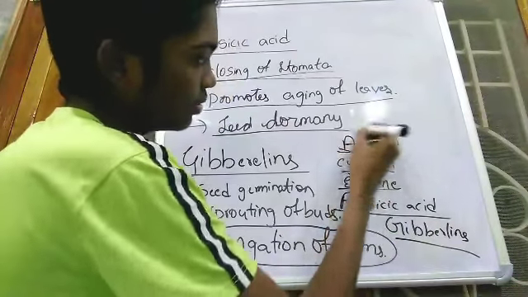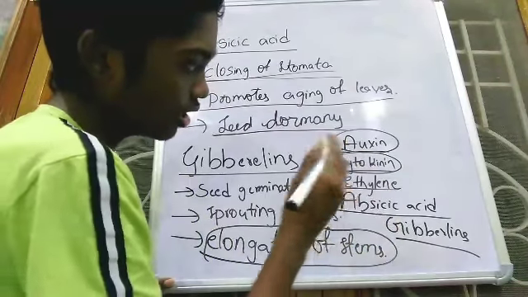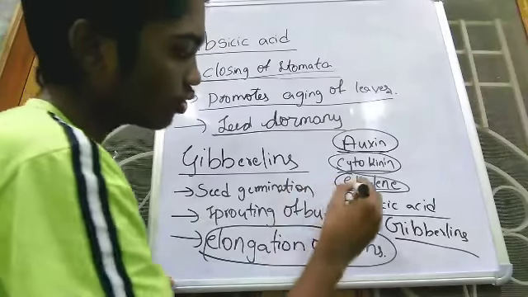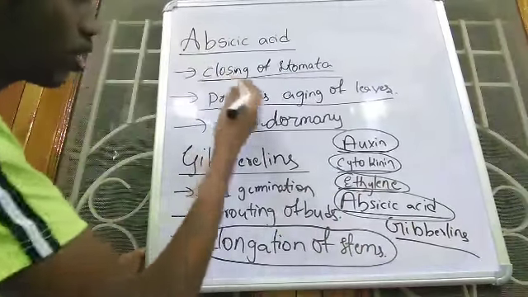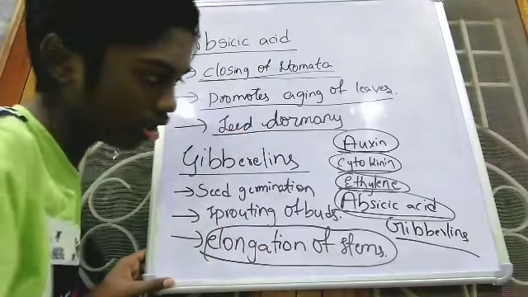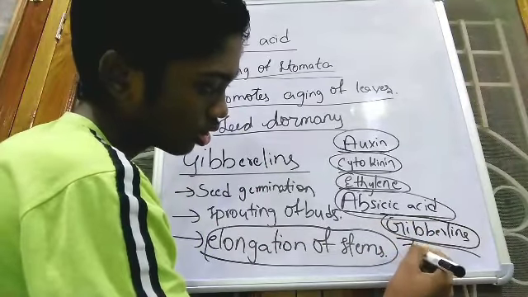Auxin helps in phototropism, cytokinin helps in the division of cells of the stem of the plant, ethylene helps in the ripening of fruits, and abscisic acid helps in the closing of stomata, promoting aging of leaves as well as seed dormancy. And gibberellins is the most important plant hormone.